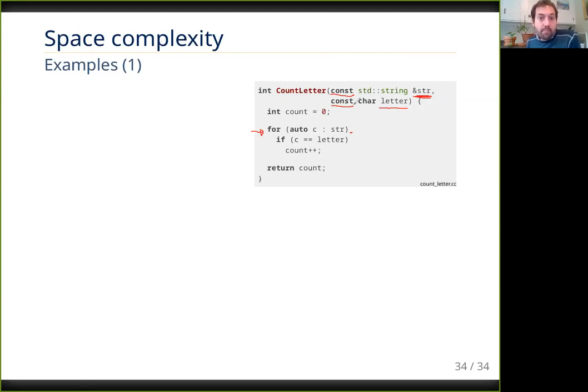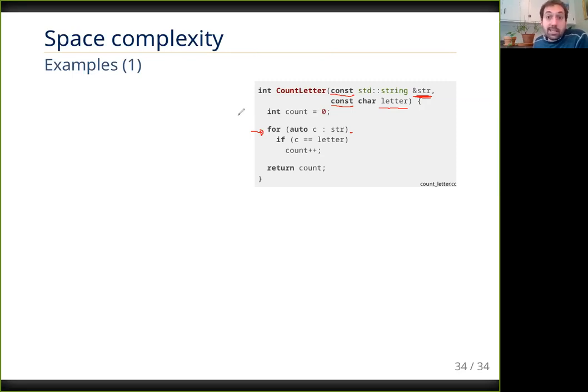So if ever by mistake we modify them in a way that we're not intending to, it should raise some sort of error. So it's kind of a contract for us not to mess with str or letter and keep them like this.